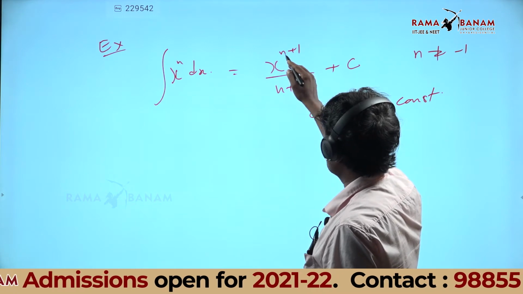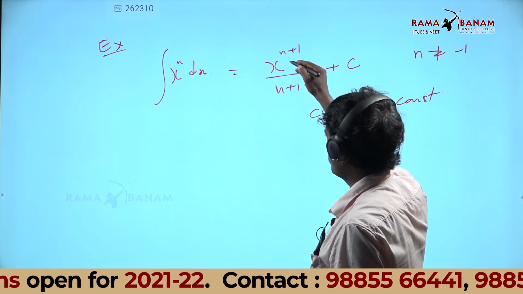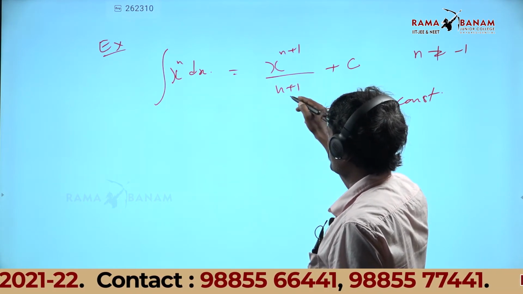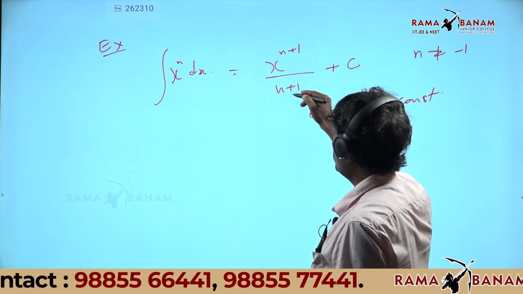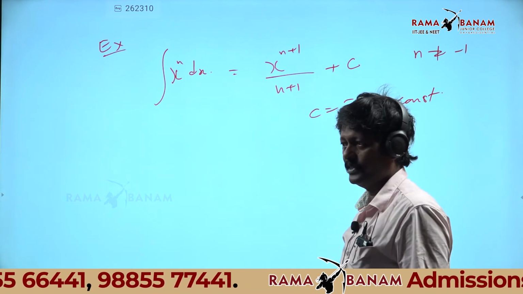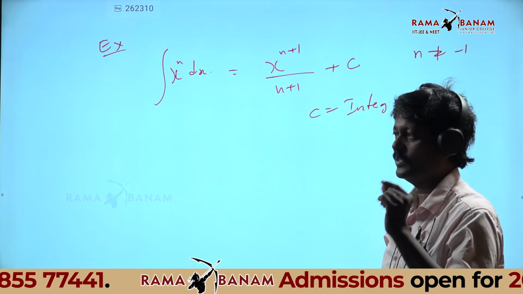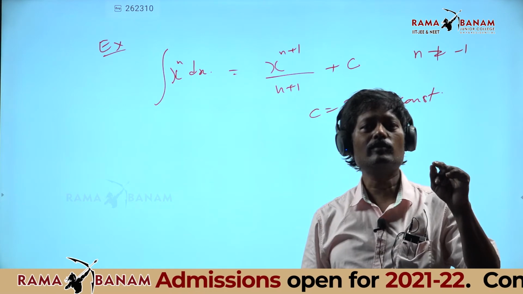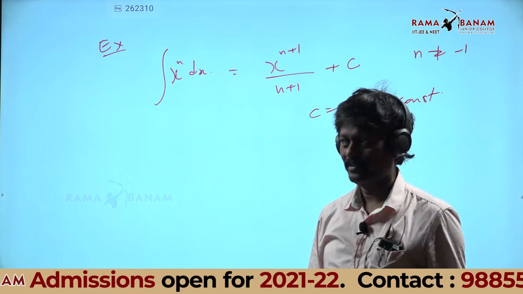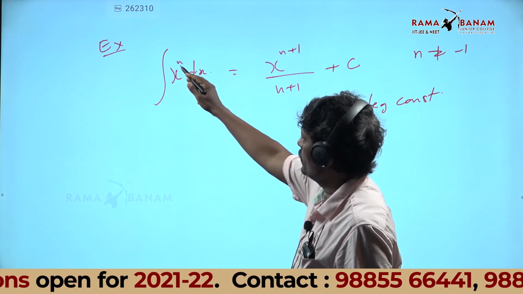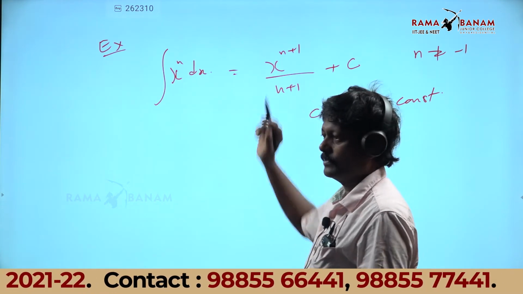If you put n as minus 1, then n plus 1 will become 0, and 1 by 0 means not defined, infinity. So one condition is there: n is not equal to minus 1. The remaining numbers you can take. So in the place of n, I can take 2, 3, 4, 5, 6, anything.